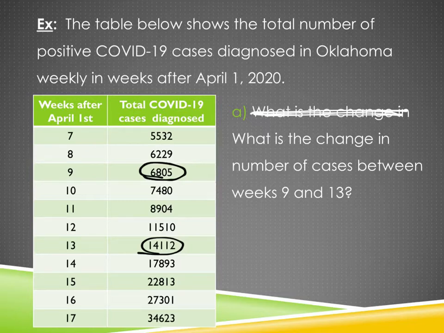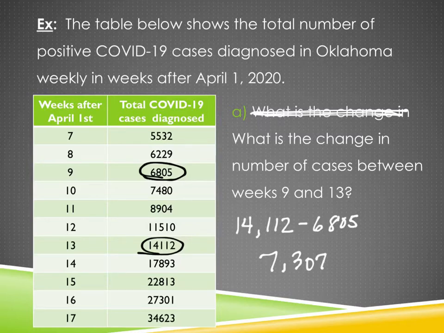Yeah, I would just subtract the later data, which was the 14,112, minus my earlier data, which is 6805. So what does that give you? 307? Awesome. What are my units on this?